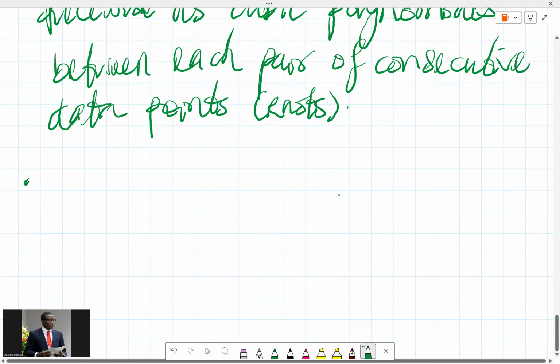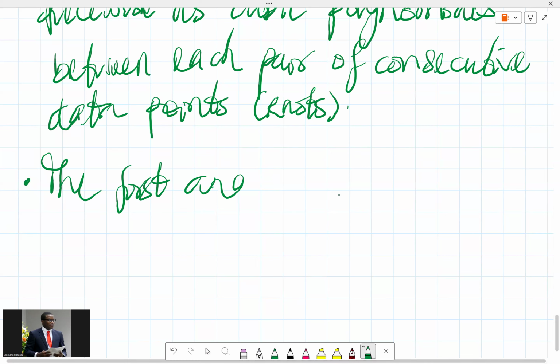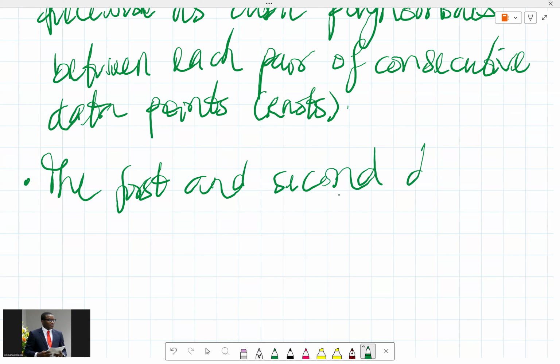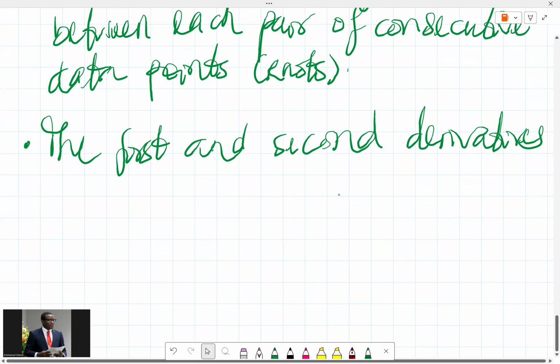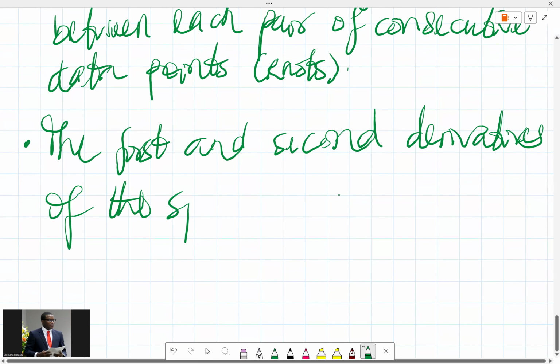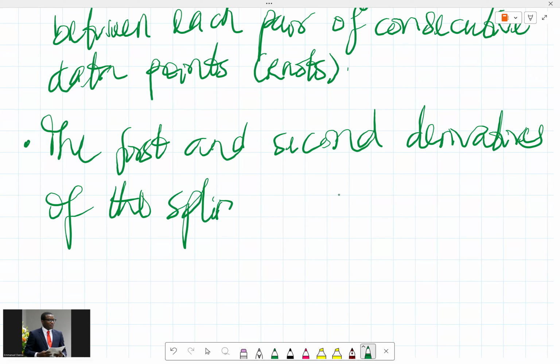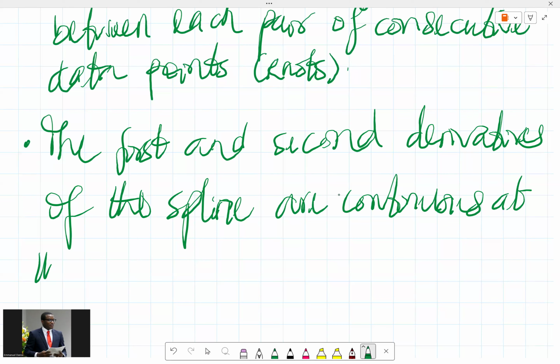Then we go to the next idea, that the first and second derivatives. So the advantage of a cubic spline is that you can get its first and second derivatives. The first and second derivatives of the spline are continuous at the knots.